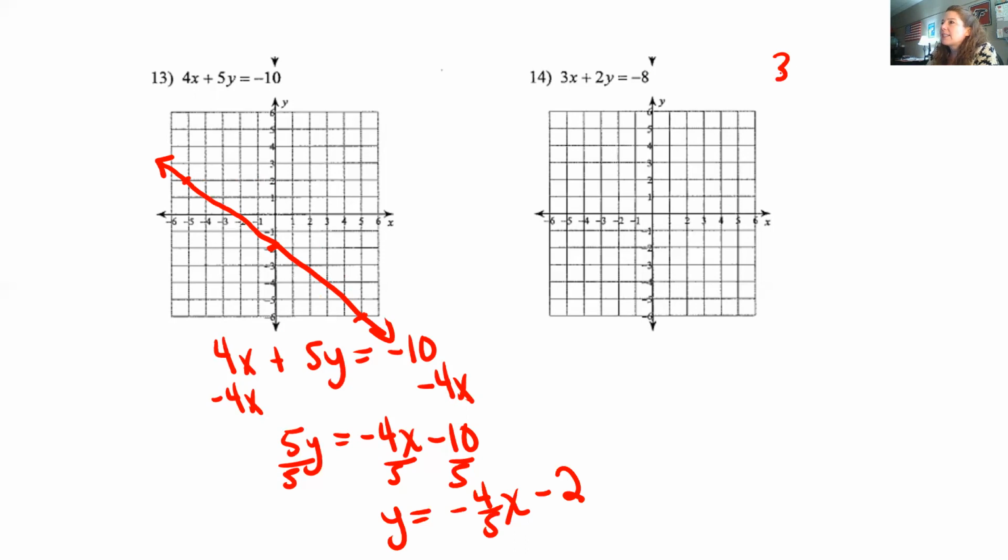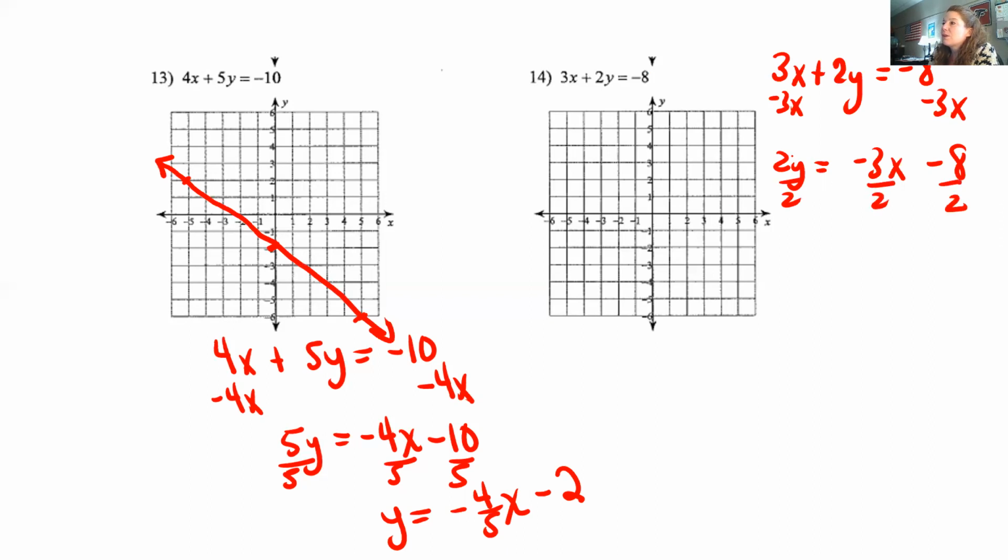All right, and then finally, this last one, I want to cancel out my 3x by subtracting 3x from both sides. So I have 2y is equal to negative 3x minus 8. Then I'm going to divide every single term by 2. So y is equal to negative 3/2 x, and negative 8 divided by 2 is minus 4.